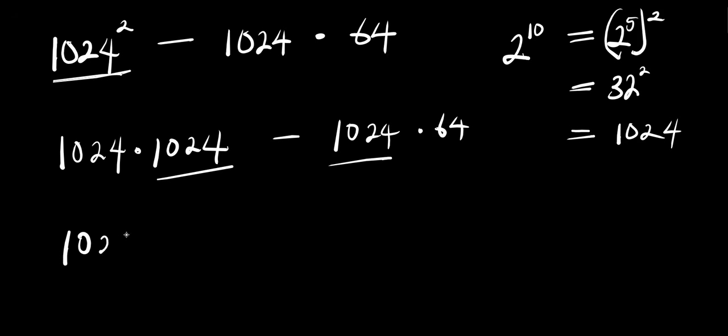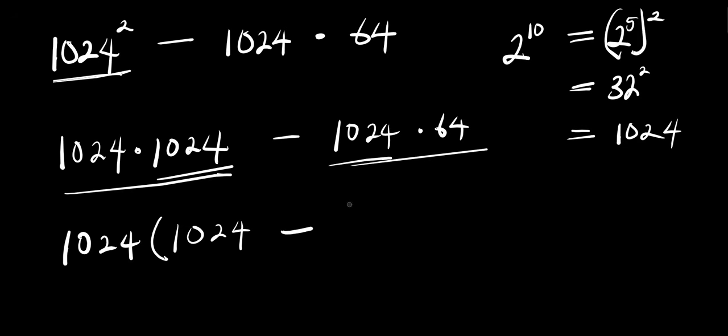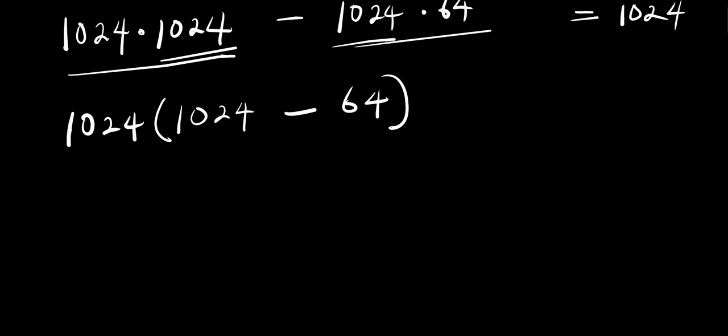I have 1024 times this, divide this. I have 1024 minus this, divide this. I have 64. So from here I have 1024 times (1024 minus 64). How much is 1024 minus 64?